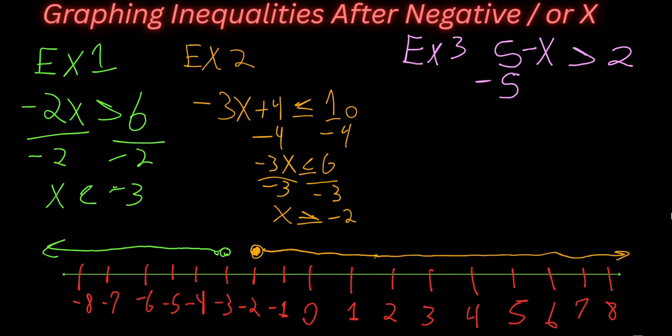What's different about this one is that you have a 5 minus x. It looks a little different than what you're used to. So let's subtract 5 from both sides, and we find that -x is greater than -3.